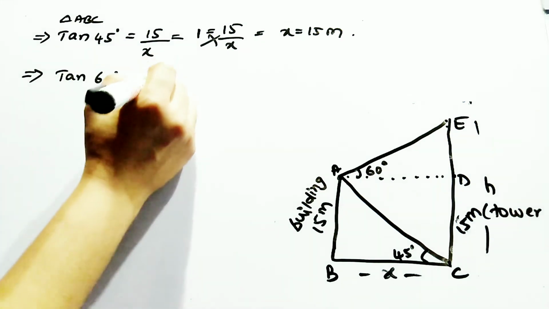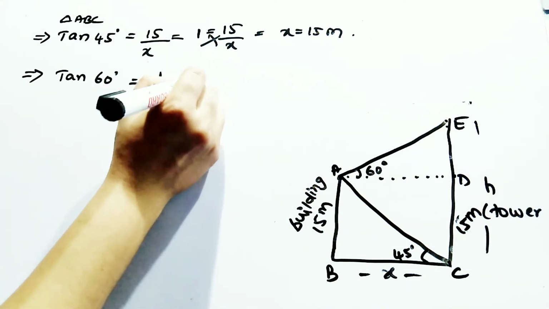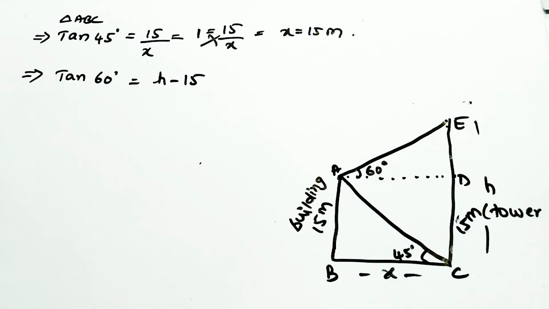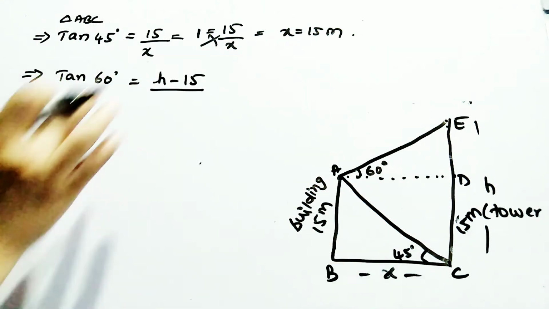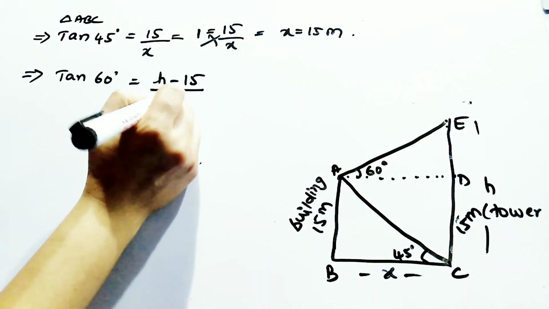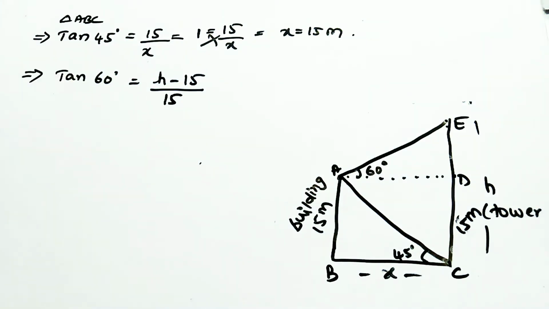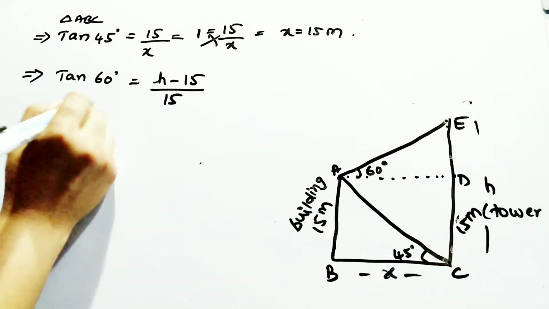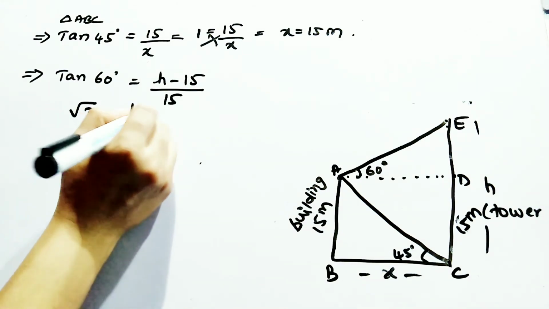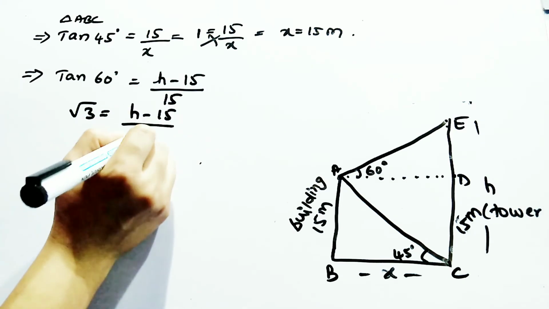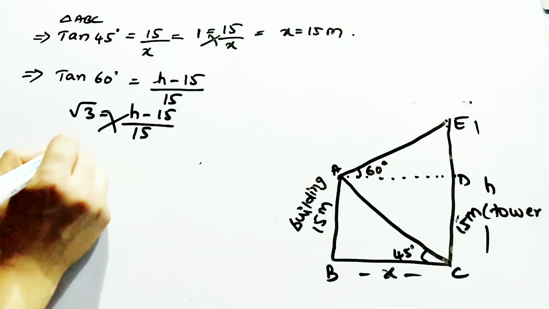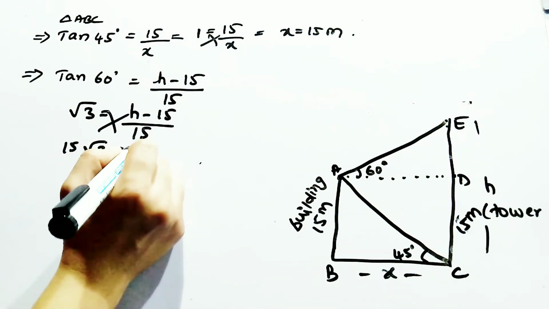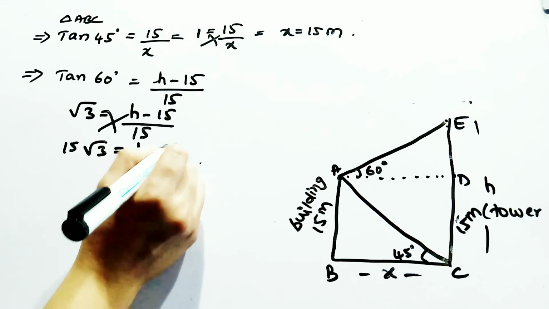Tan 60 equal to H minus 15 by X, and X value is 15 meter. Tan 60 is root 3, so root 3 equal to H minus 15 by 15. Just cross multiply it. You will get 15 root 3 equal to H minus 15.